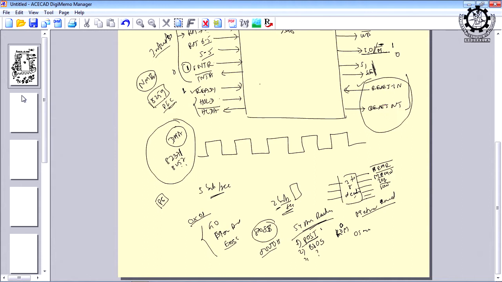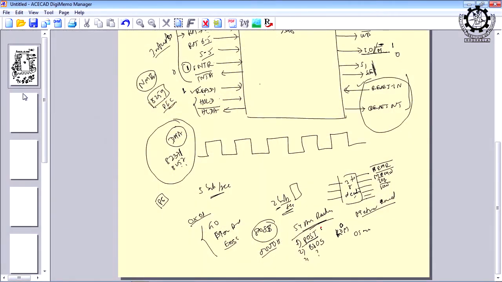Now, in order to carry out any operation on a microprocessor, we should be ready with the instruction set. Once you know the instruction set and once you execute it, the requisite signals will be activated or deactivated depending upon the operations. Is it okay? Now, we have to deal with each and every instruction, and which instruction is associated with which signal should also be clearly understood.